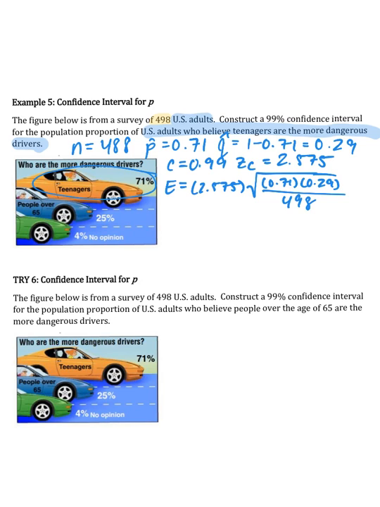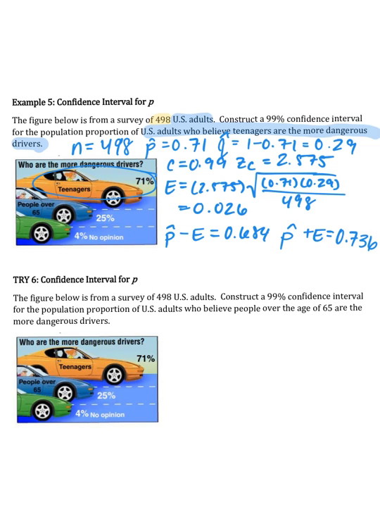I don't know why I put 88 up here. Oops. Okay, and that gives us about 0.026. We have our left endpoint and our right endpoint. Our left endpoint is 0.684, P hat minus E, and then P hat plus E is 0.736.